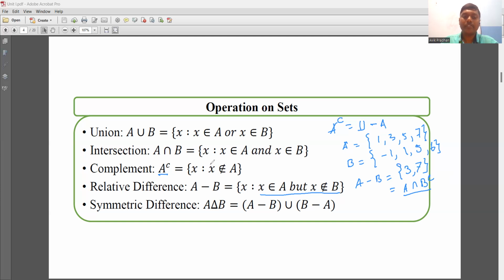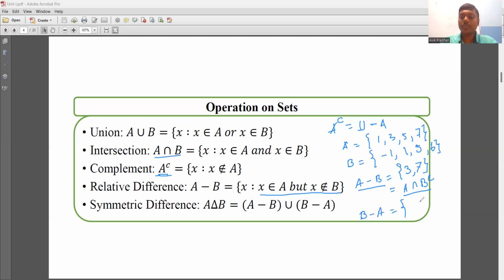So I have already defined what we mean by intersection, and I have already defined the complement. So I can club these two things to define the relative difference. Here I have mentioned A minus B. Similarly, you can define B minus A also.